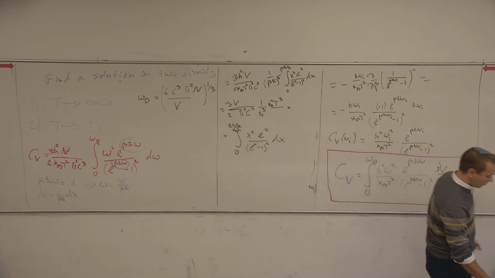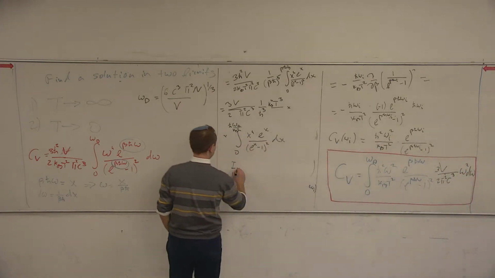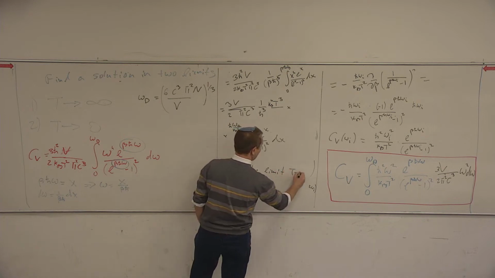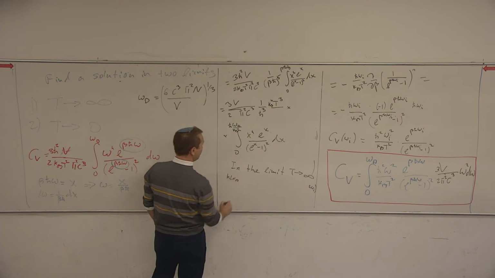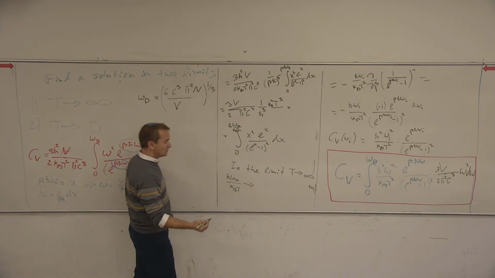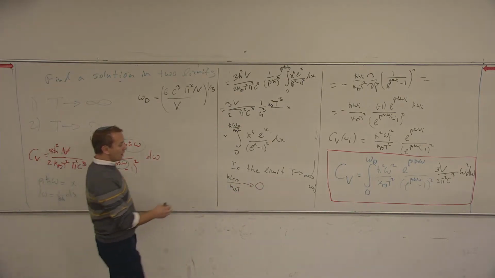Why is it interesting? So in the limit when T goes to infinity, ħω_D π divided by k_B T goes to 0. Very nice. Why is it nice?